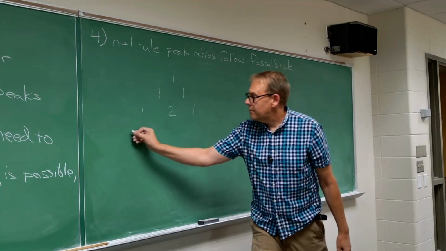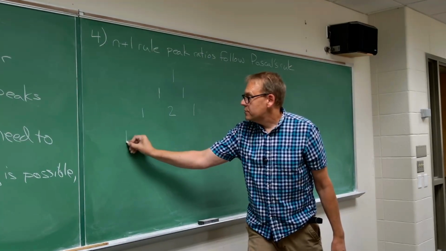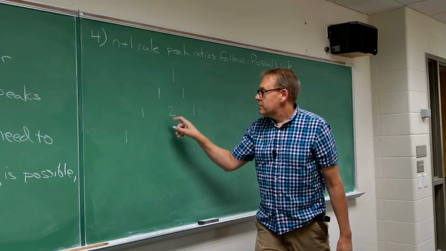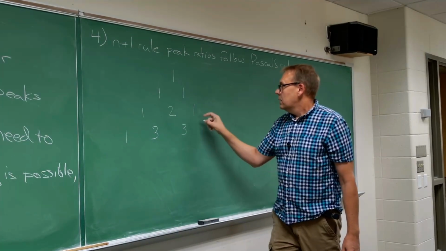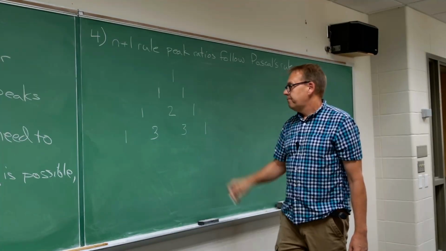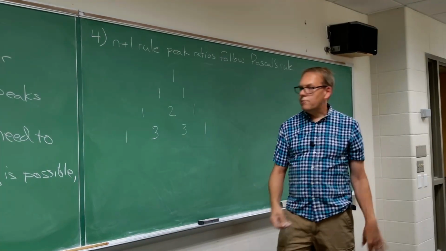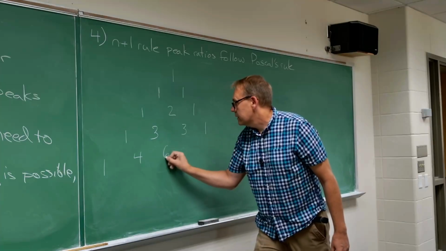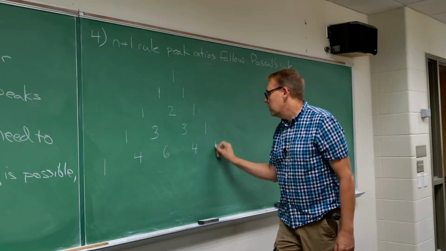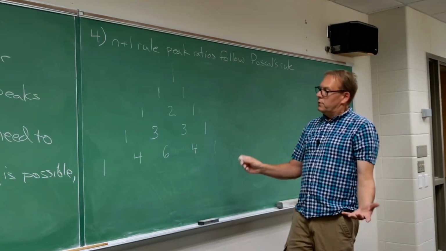So if we build another level to this, on the far left side, there's going to be a 1. And then 1 plus 2 is equal to 3. 2 plus 1 is equal to 3. And then a 1 on the outside. Let's build it another level down. 1 here, 4, 6, 4, 1. Build it another level down.